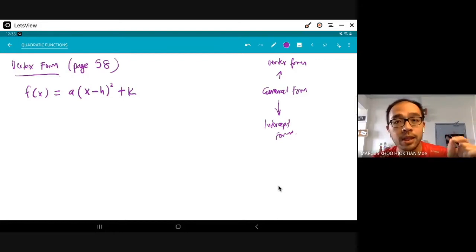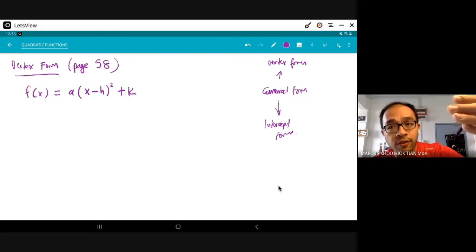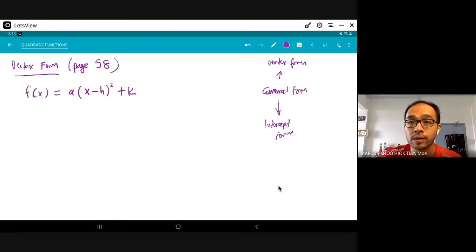Lepas ini kita akan belajar satu perkara yang akan menggunakan ketiga-tiga. But you need to know how to change from general form to vertex form, and from general form to intercept form. Macam mana mau tukar saling bertukar. Sebab different bentuk akan memberikan kita different maklumat, dan maklumat ini semua penting untuk apa yang kita akan belajar pada hari ini.